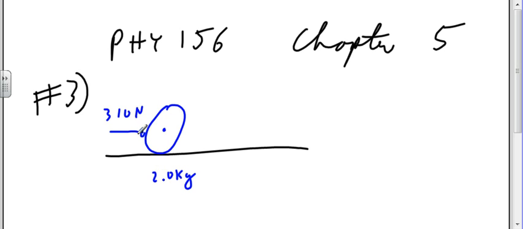The horizontal force rotates it at arm's length uniformly in a horizontal circle of radius 0.9. I'm pushing it, rotating like that. Alright, calculate the speed of the ball. So I want to know the speed.